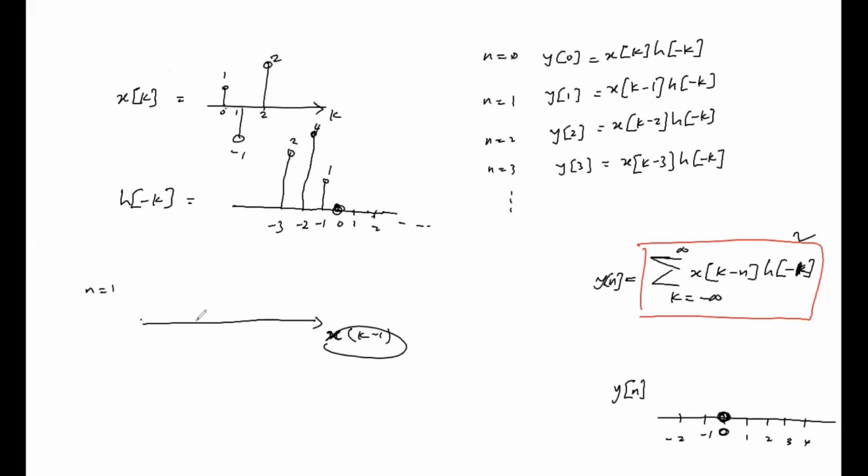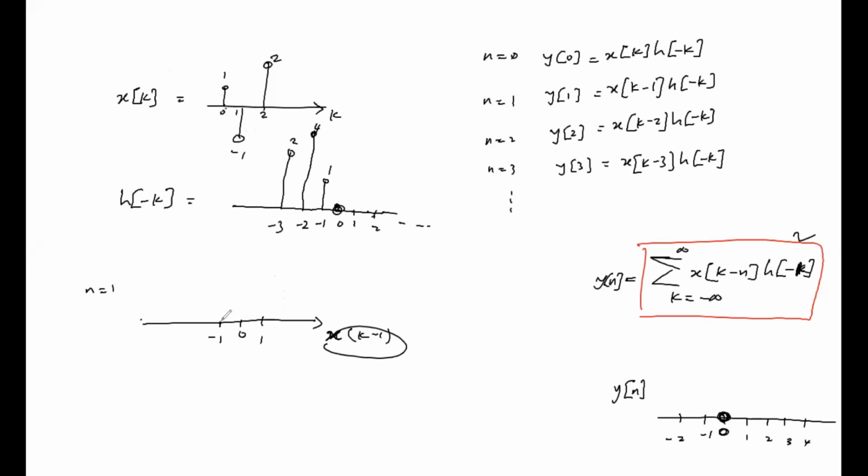So 0 minus 1 is minus 1, so we have a minus 1 value. 1 minus 1 is 0, so we have 0. 2 minus 1 is 1, so we have 1. Okay, so we are going to be having something like this for this.